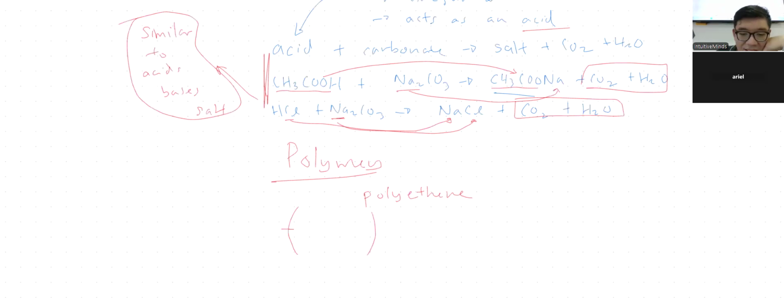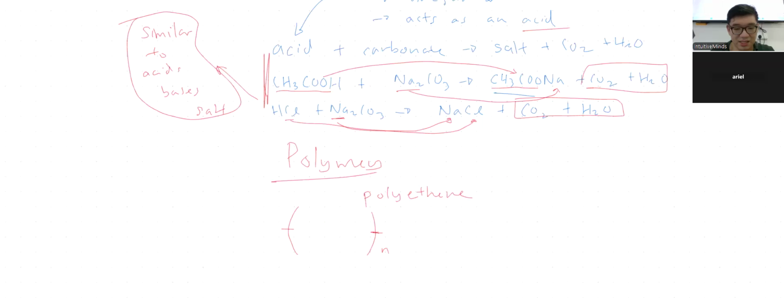Polyethylene. What's inside the bracket?